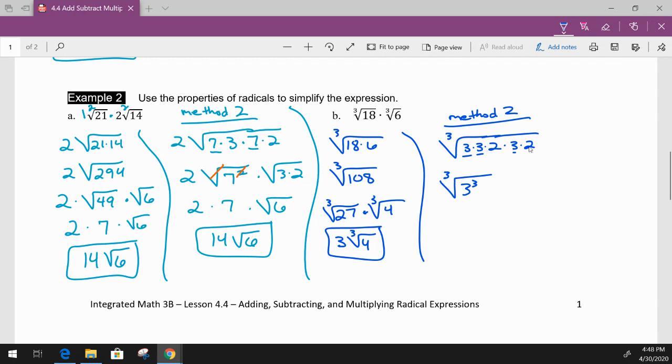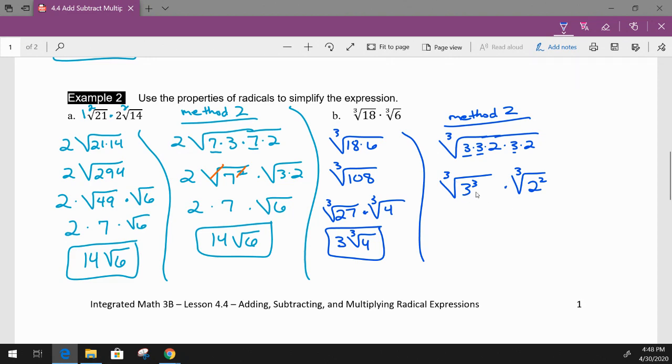So once you look at the prime factors, you can see that there are 3 factors of 3, or 3 to the third. And then you also have your 2 times 2, which would be 2 squared, but we're not going to really be able to do anything with that. Actually, let me make that a separate cubed root of 2 squared.